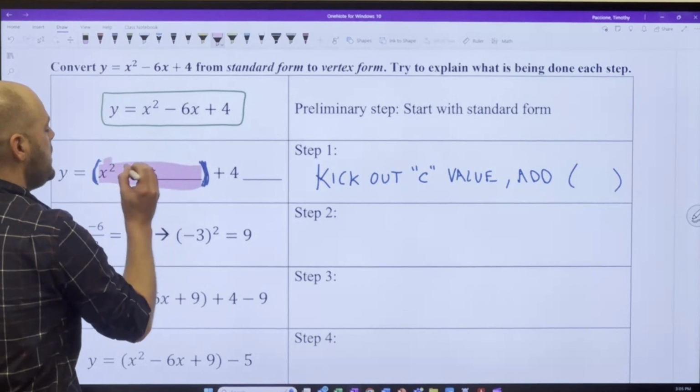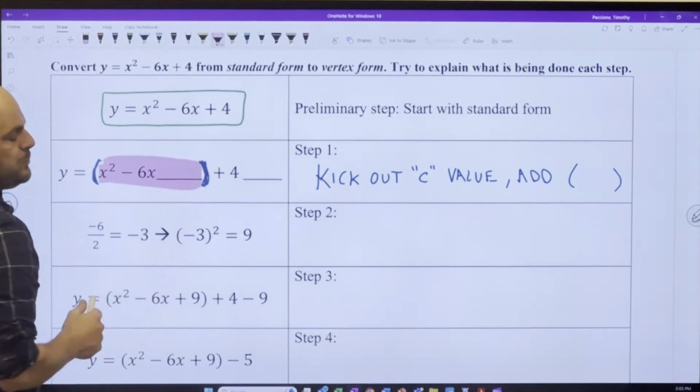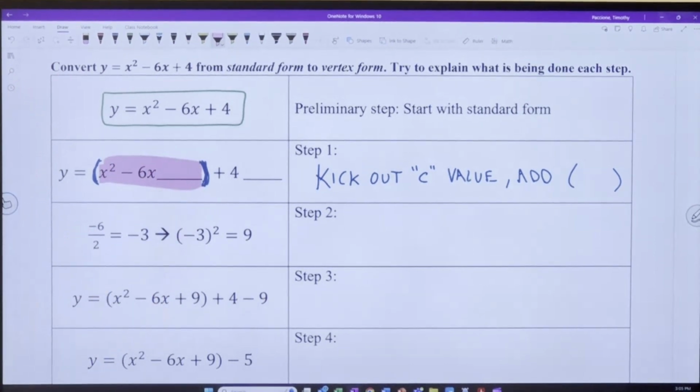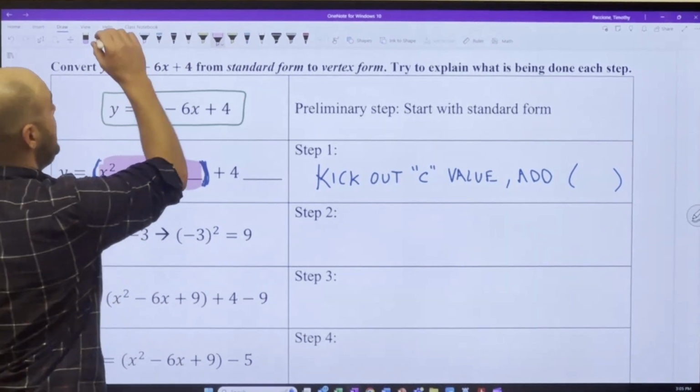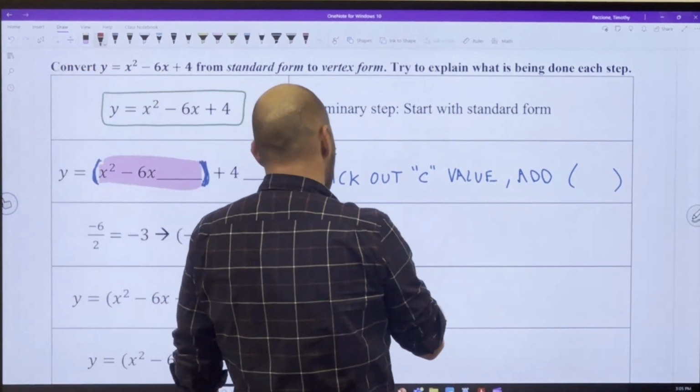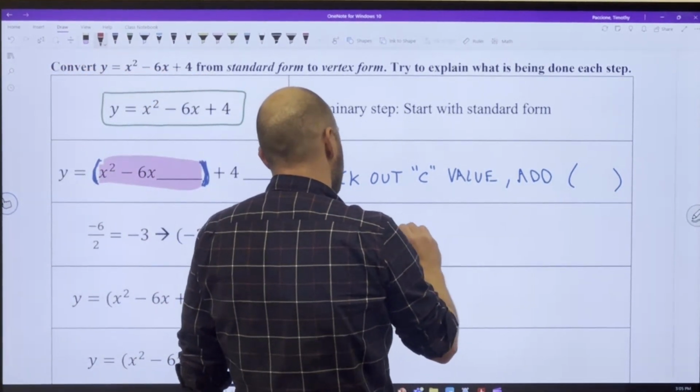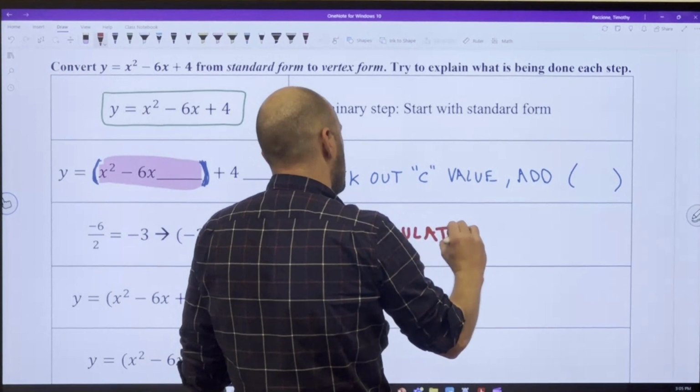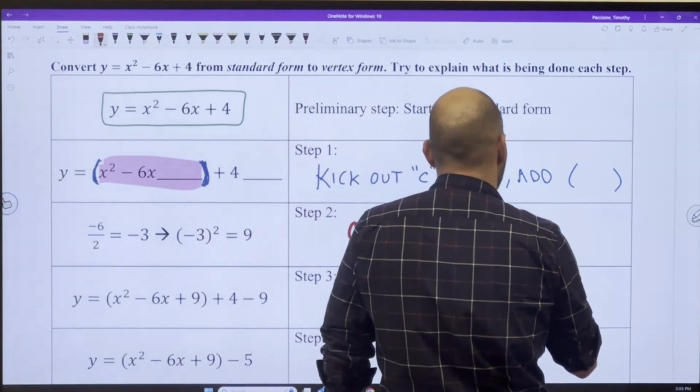And we're focusing right here. And we're saying, well, this space right here, I wish it was a perfect square. Because if it was, I could turn it into something squared. So I say, okay, let's get a perfect square out of this. Let's change this equation. In order to do that, I need to know what b divided by 2 squared is. So you calculate b divided by 2 squared.